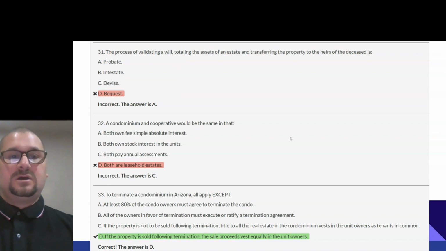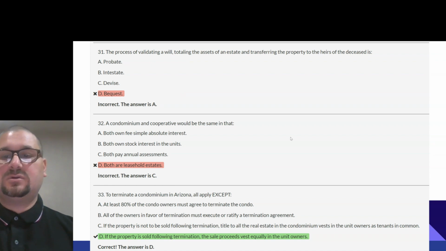Yes. All the owners in favor of termination must execute or ratify a termination agreement. Yes. If the property is not to be sold following termination, title to all the real estate in the condominium vests in the unit owners as tenants in common. Yes. So D is the answer. The problem is that it says the sale proceeds vest equally. There's nothing equal in the condominium when you have multiple owners.